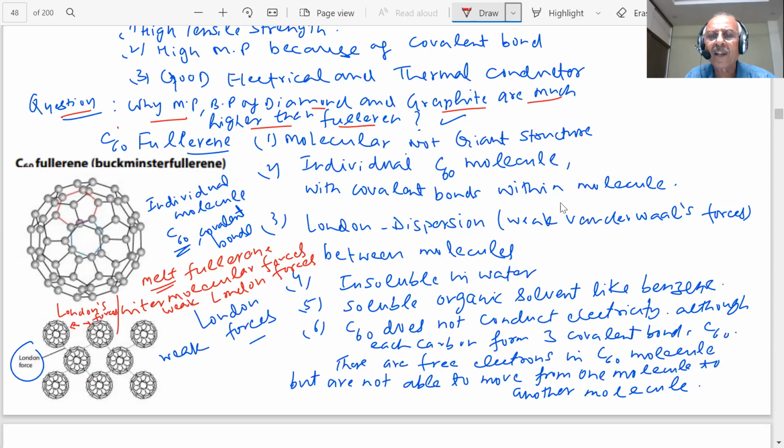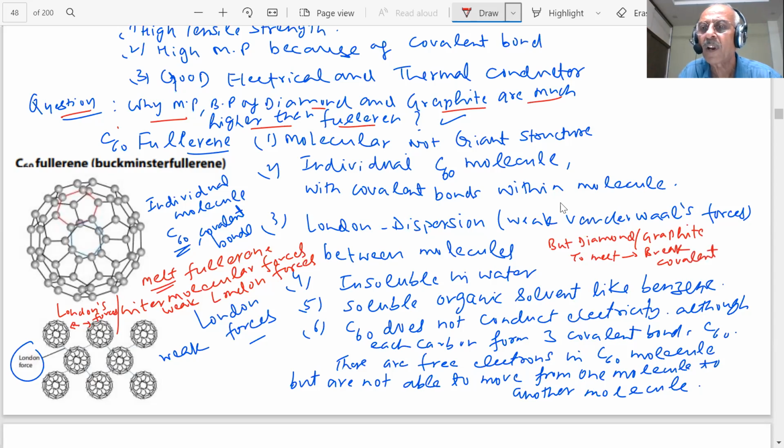But in diamond and graphite, if you want to melt, what do you have to do, students? You have to break the covalent bonds.